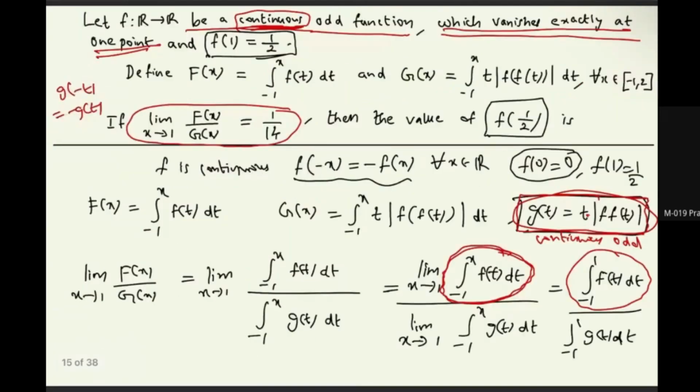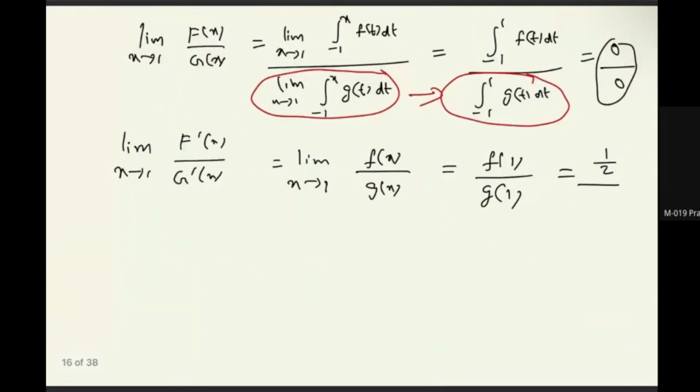When you put t equal to 1, you get mod of f of 1, which is half, by mod of f of half. What is f of 1? That is half. So this is what you are getting as the final answer.